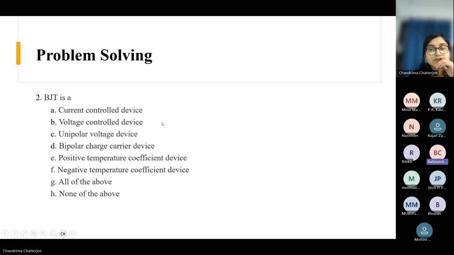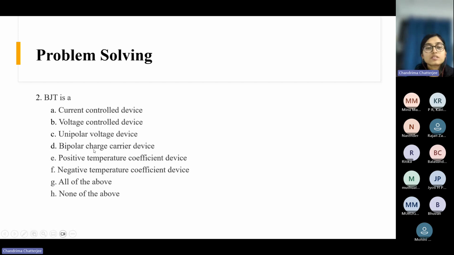Yeah, first is A, obviously, because BJT is a current control device. Then option D, bipolar charge carrier device.